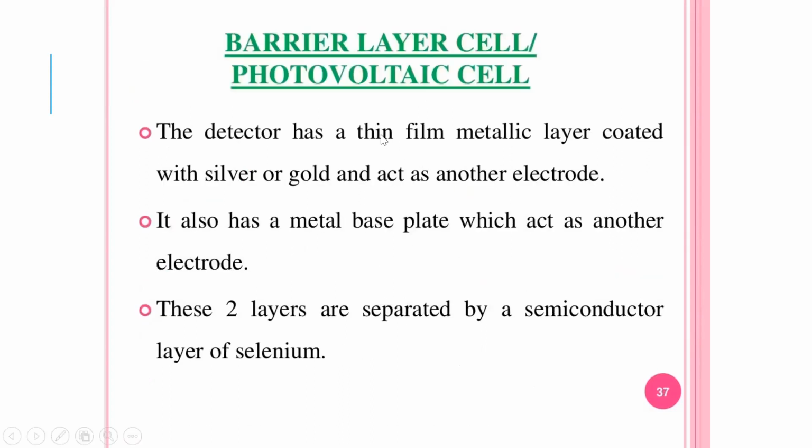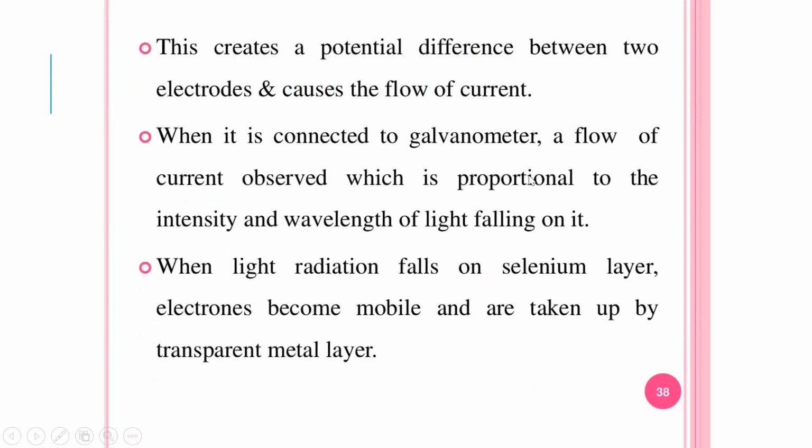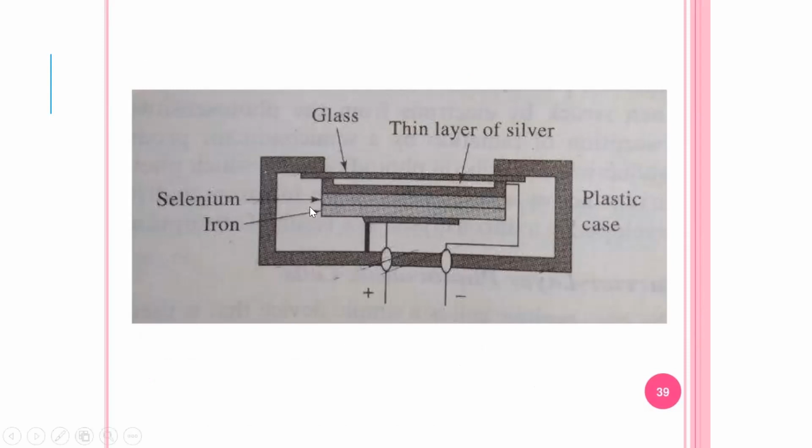First detector is the photovoltaic cell or barrier layer cell. This detector has a thin film metallic layer which is coated with silver or gold and acts as an electrode. So the diagram is, see, the iron layer is coated with selenium. On the surface of selenium, there is a layer of silver.